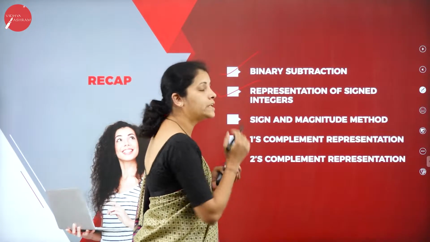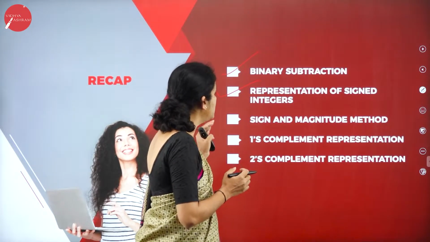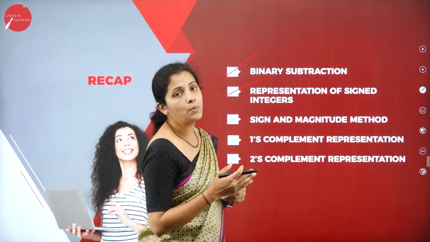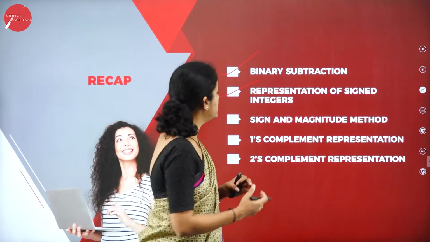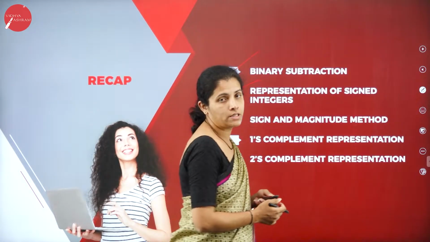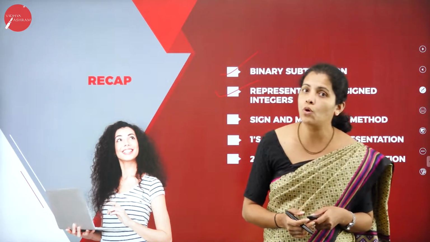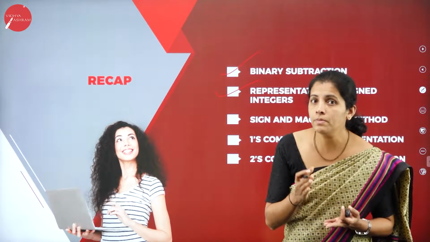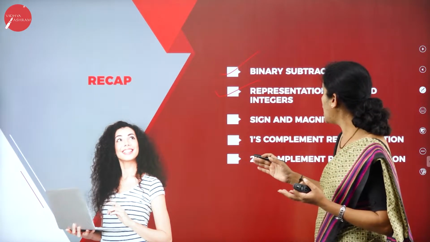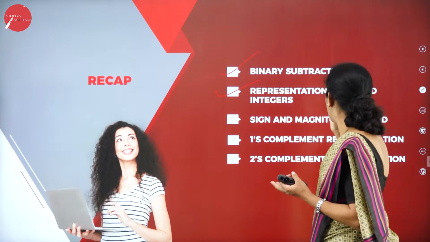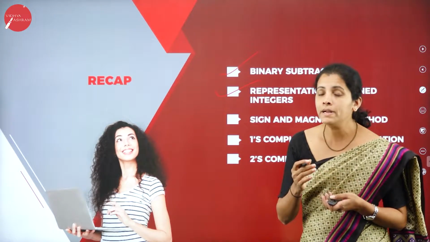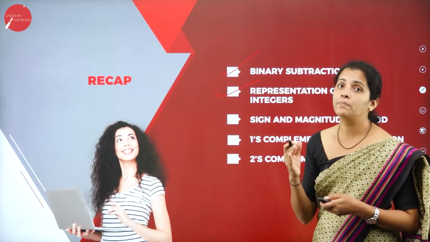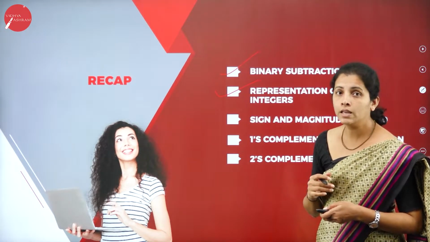In that, we learnt the sign and magnitude method. Along with that, we discussed ones complement representation as well as twos complement representation. So dear students, just remember that we have the sign and magnitude method, ones complement method, as well as twos complement method to represent negative numbers.